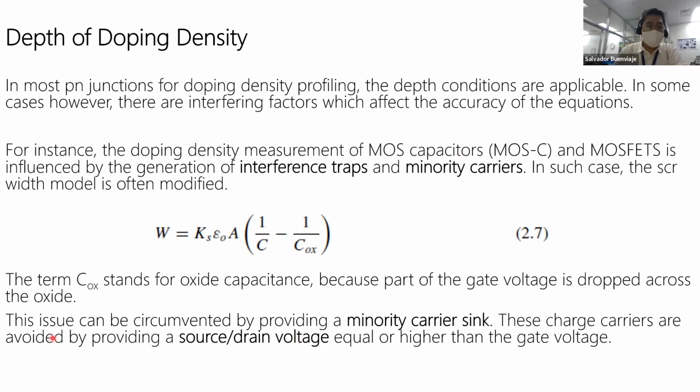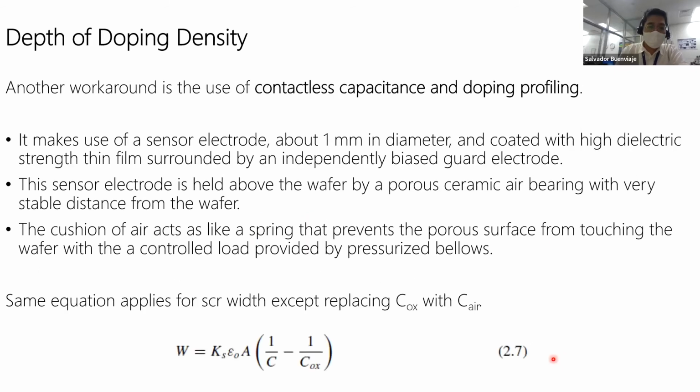Now, this issue can easily be overcome by providing a minority carrier sink. These charge carriers are avoided by providing a source or drain voltage equal to or higher than the gate voltage. Another workaround is the use of contactless capacitance and doping profiling.